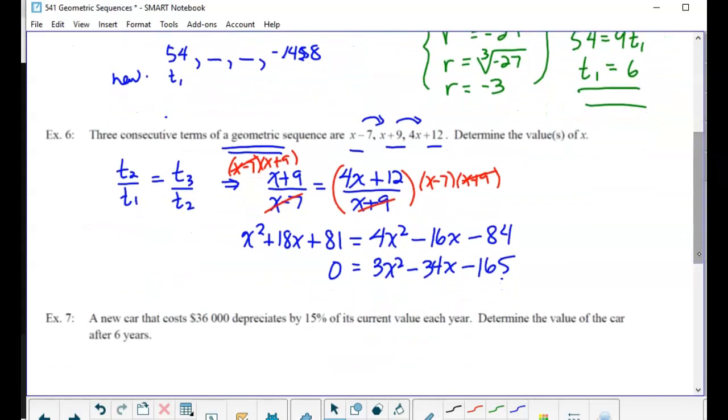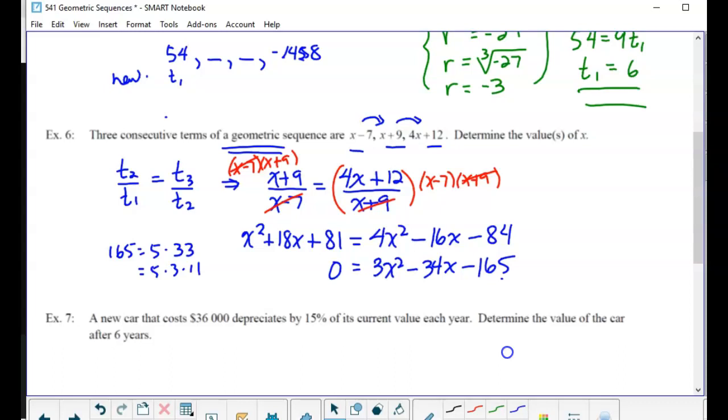Okay, now, does 3 go into all those? No. So, then you can, if you're not sure, I'm trying to think, what are factors of 165? 3 goes into that one, 33, so that's 5 times 3 times 11 times 3. 11, I don't know, I can't really think right now.